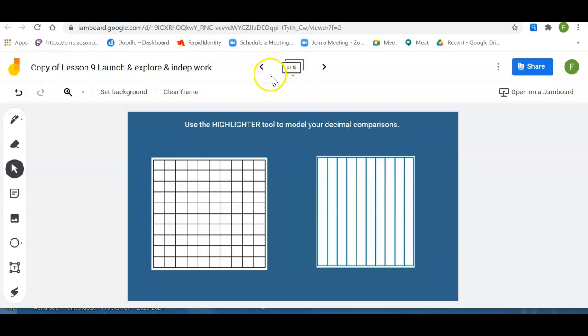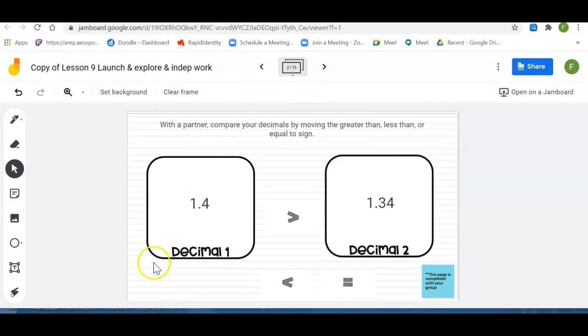All right, so now we want to use the highlighter tool to model the decimal comparison. So we're going to model them here, and we've got 1 4/10 and 1 34/100. We saw 1 4/10 was greater than 1 34/100. Again, because for the whole number we've got 1 and 1, those are equal.